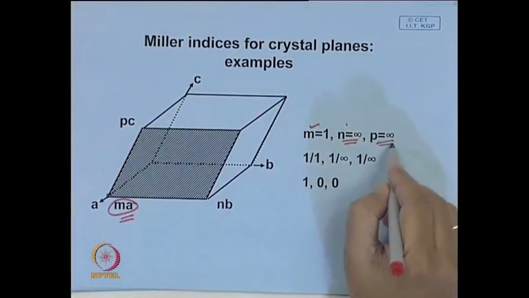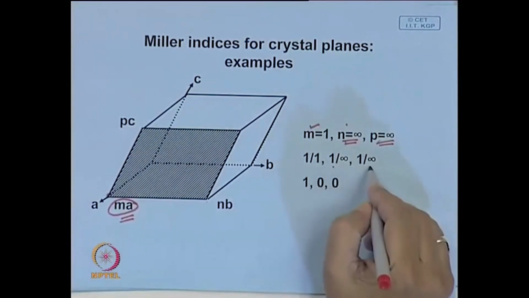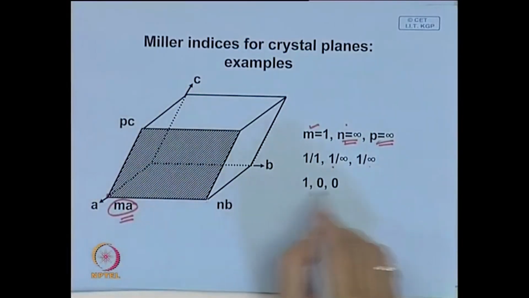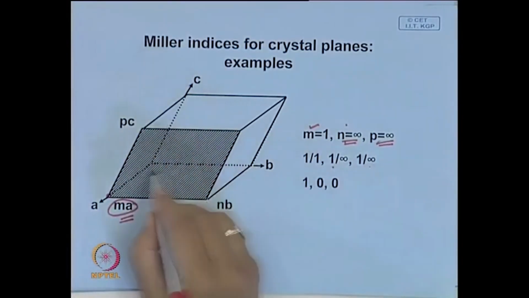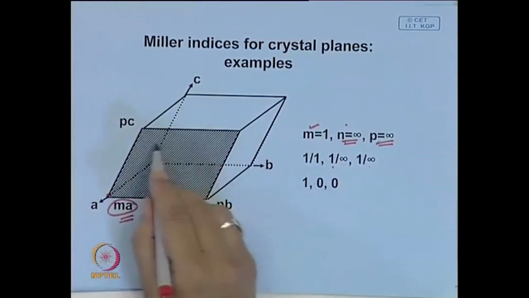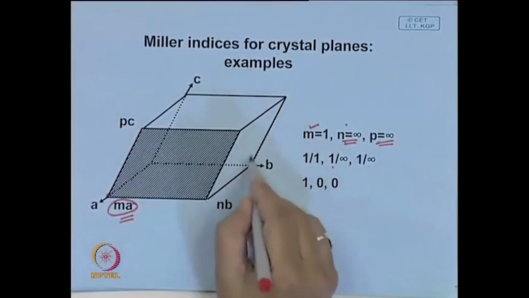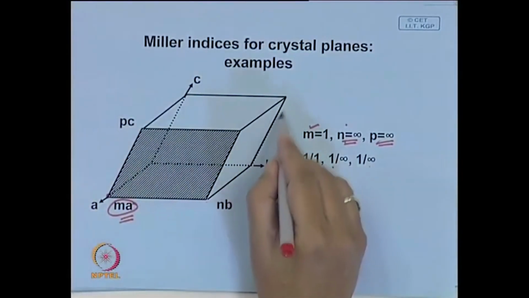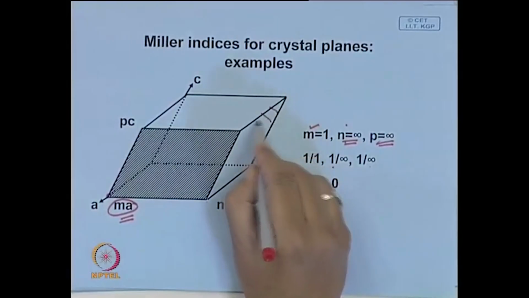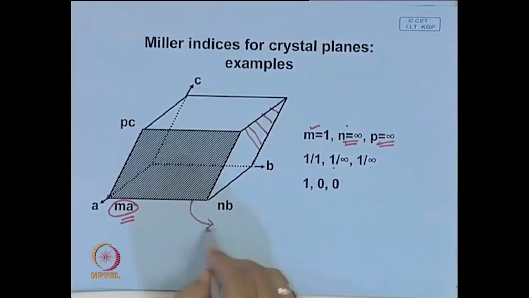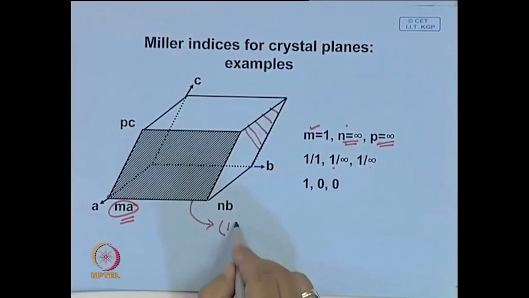So, p is infinity. So, the reciprocal of that is this. So, this is 1 0 0. Now, in this case, this is not a cubic crystal. So, here this particular plane is not the same as this plane. So, we say that the Miller indices is 1 0 0.